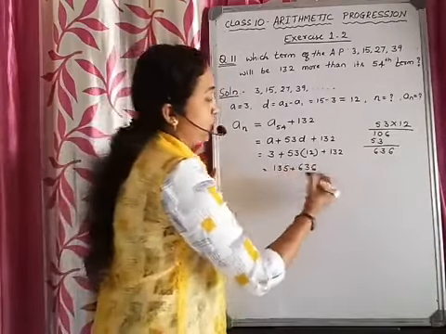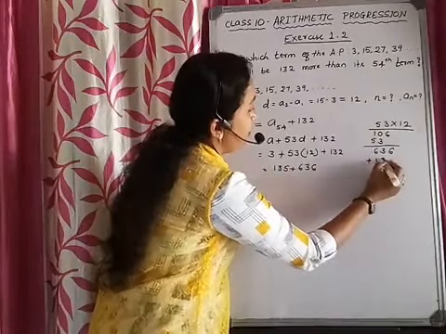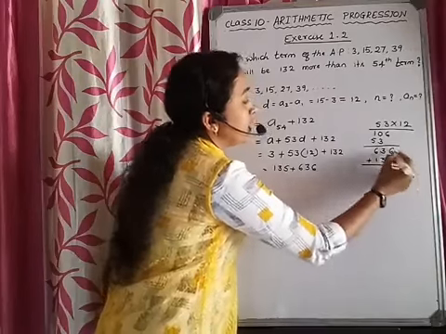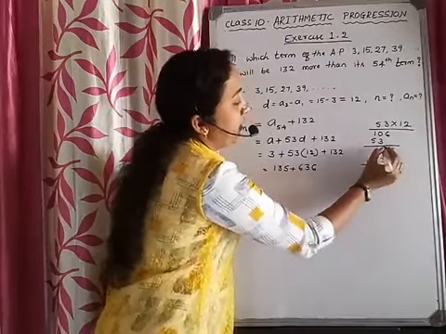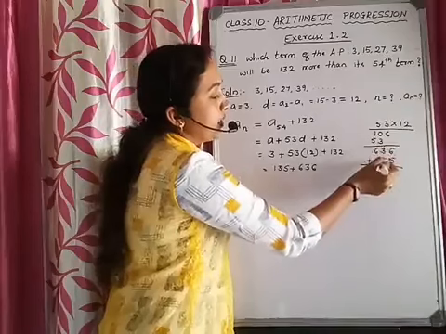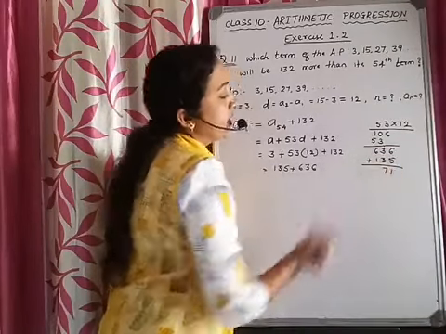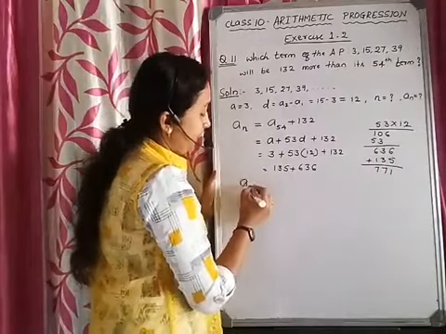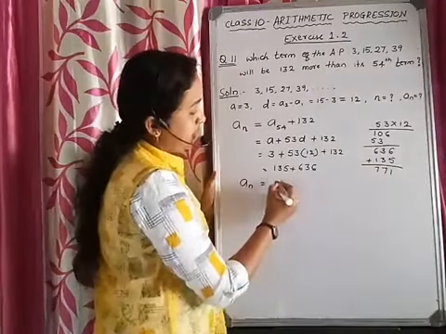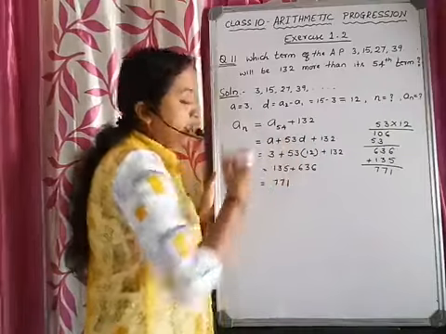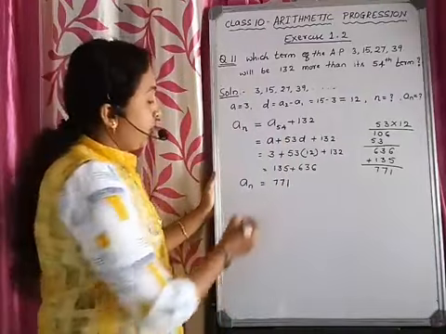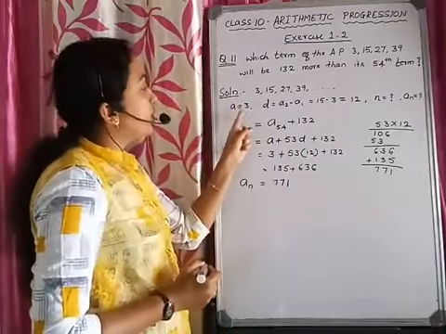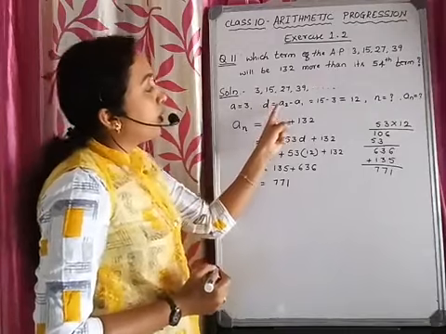Now add these two. 6 plus 5, 11, 1 carry, 3 plus 3, 6, 6 plus 1, 7. So that nth term is 771.